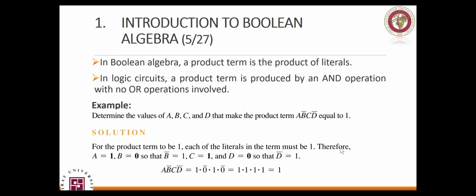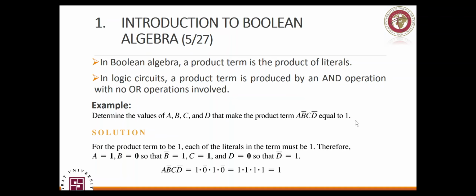All right, let's take a simple example. The simple example here says determine the values of A, B, C, and D that make the production term, sometimes we refer to it as Boolean production, Boolean product, A and B bar and C and D bar, equal to 1.